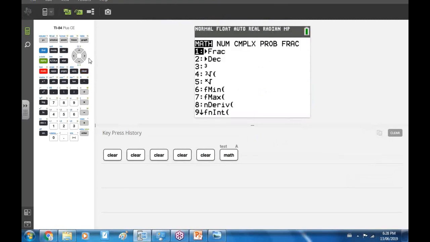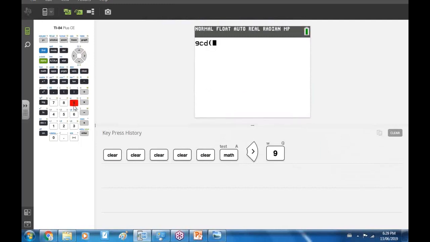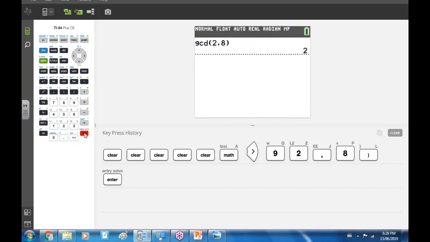I'm going to go over to Number. You can see down here my steps: Math, and then arrow, and I'm going to choose option number 9, which is greatest common denominator. Then I'm going to enter in 2, 8, and close my bracket. Okay, so that would give us our greatest common factor or denominator.